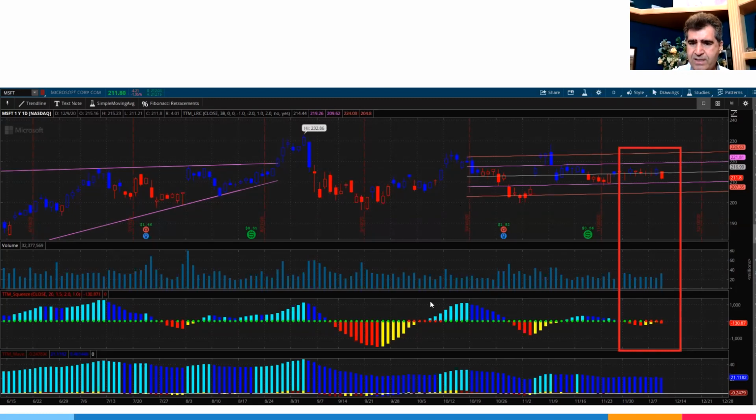So in this situation, we have light blue, we have this blue, and that means we're in control. The minute that it changes to hollow red, that means there is a change of pattern. The sellers are coming to the control. And when it's solid red, that means the sellers are in complete control.